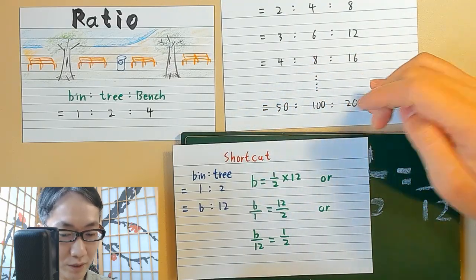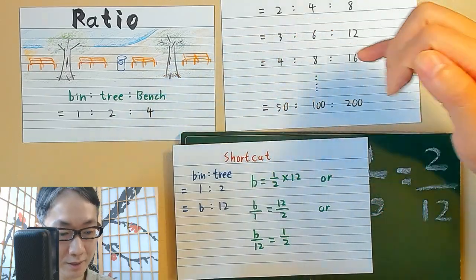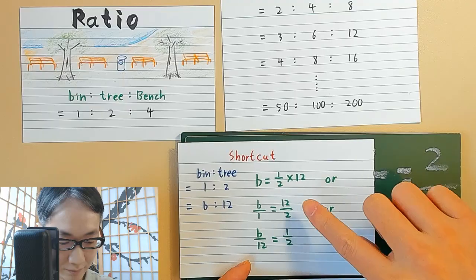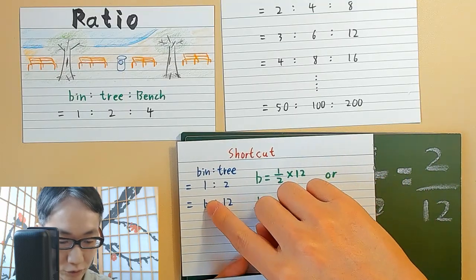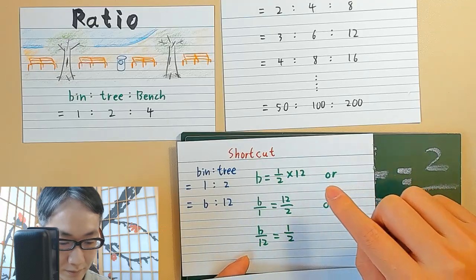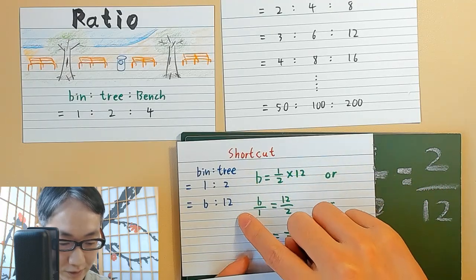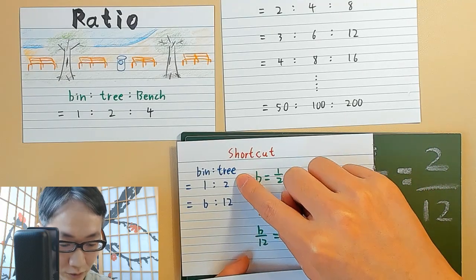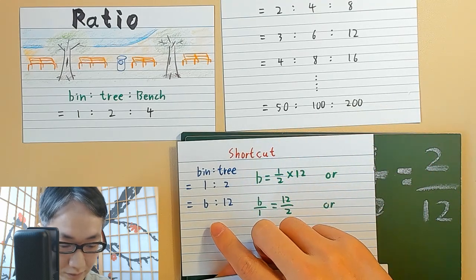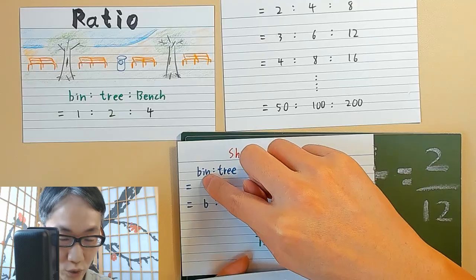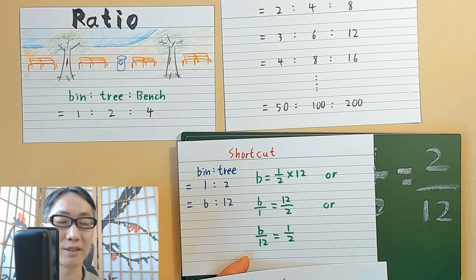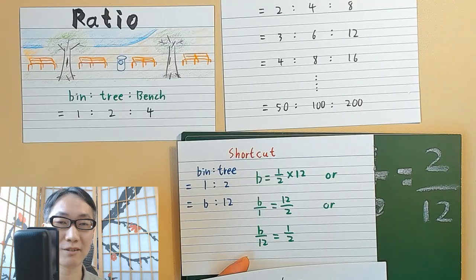And from that one to the original one, I divide everything by 6, right? So this is asking, how much should I divide B by? 12 divided by 2 is 6, or 12 divided by 6 is 2, which means if I divide B by 6, I should get back 1, which means 1 times 6 will be B, which means B is 6.